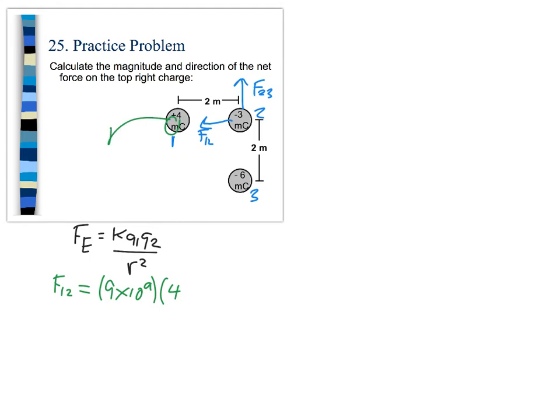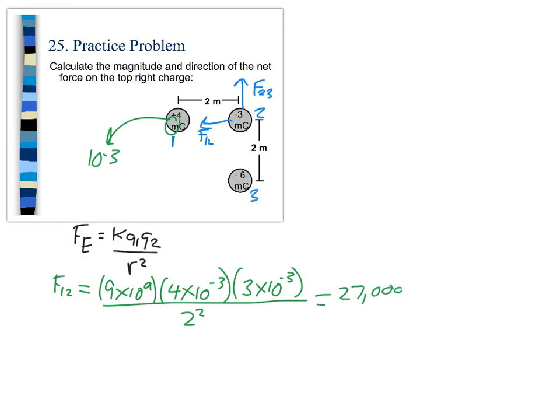Keep in mind that milli is a prefix that means 10 to the negative third, so 4 times 10 to the negative third coulombs, times charge 2, which is 3 times 10 to the negative third, because it's millicoulombs as well, all over the distance between them, which is 2 squared, and end up getting a force here of 27,000 newtons.